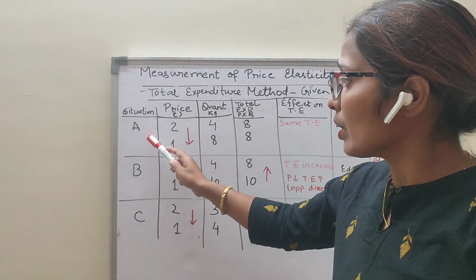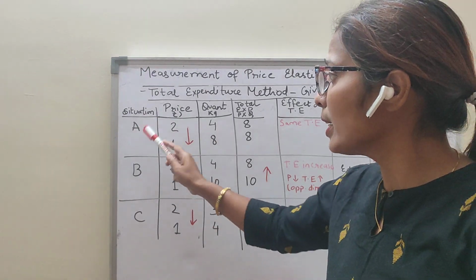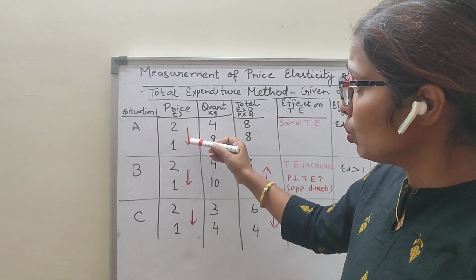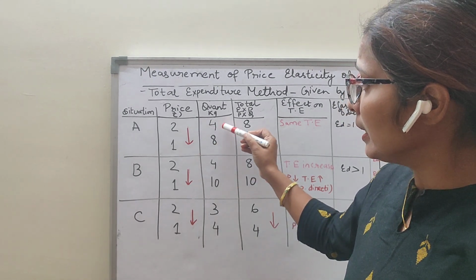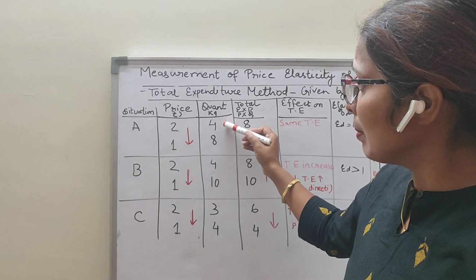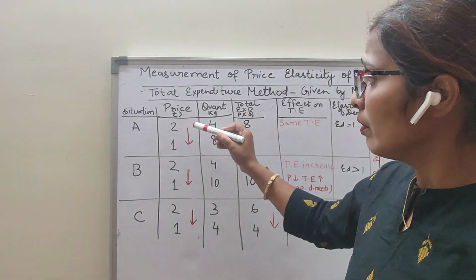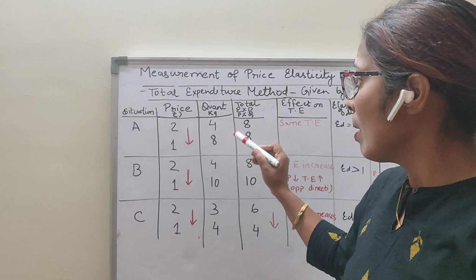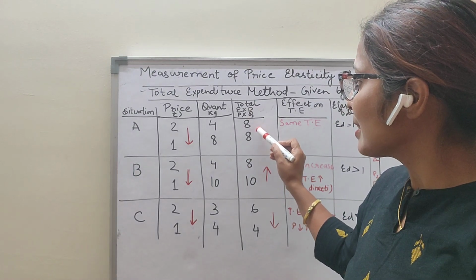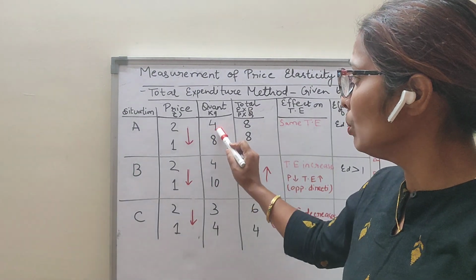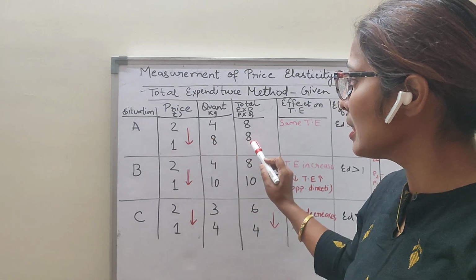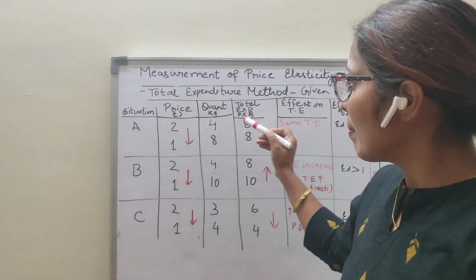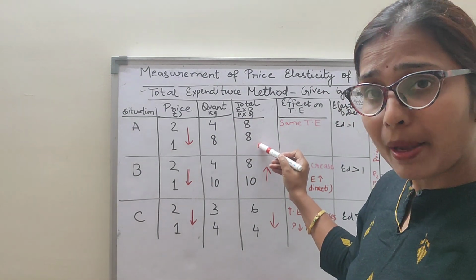Now children, here are three situations. In situation A, when price falls from 2 to 1, quantity demanded is increasing. When price falls, quantity demanded is increasing. So my total expenditure is 8. That is 2 into 4 is 8, 1 into 8 is 8. So what I can see here, when price falls, my total expenditure remains the same.